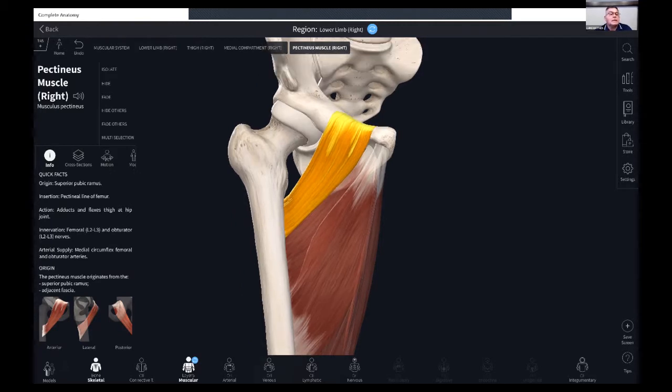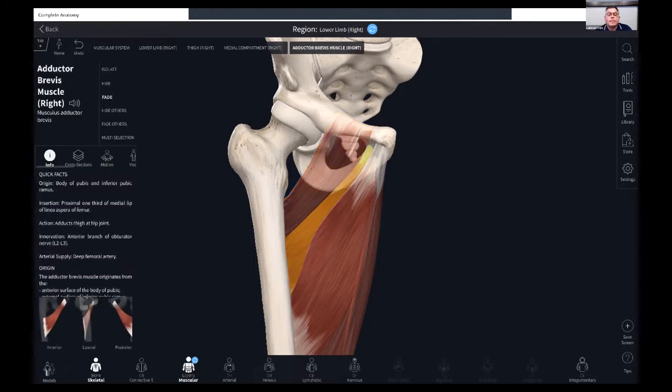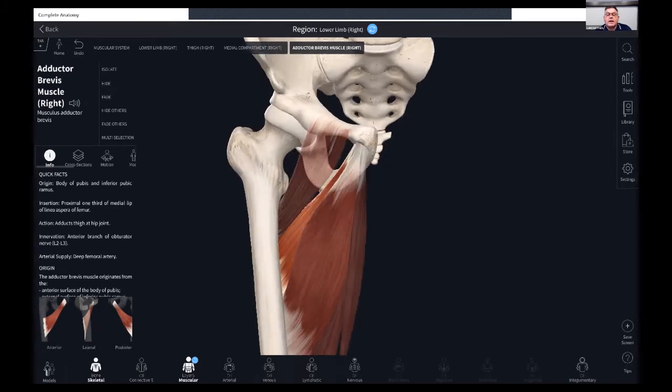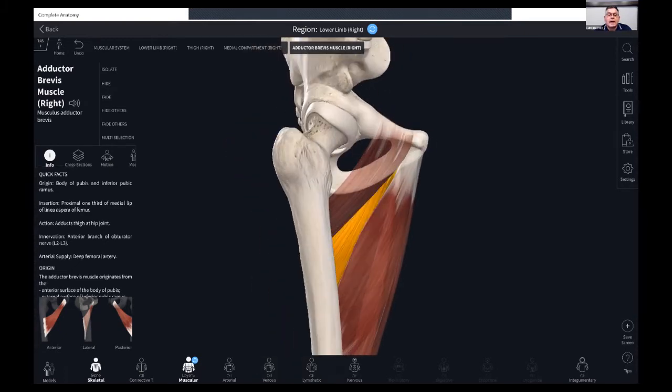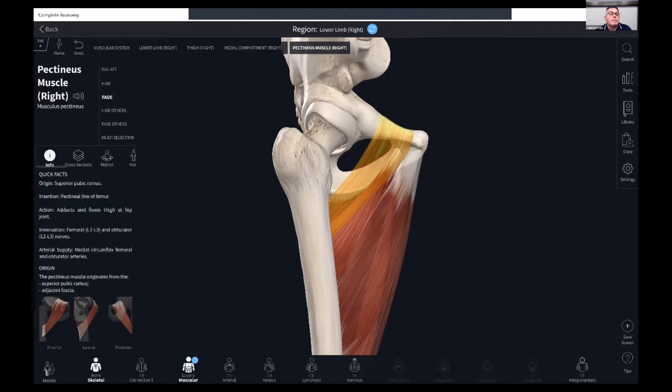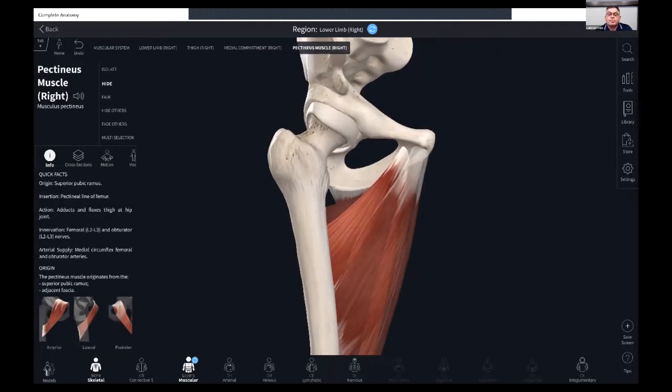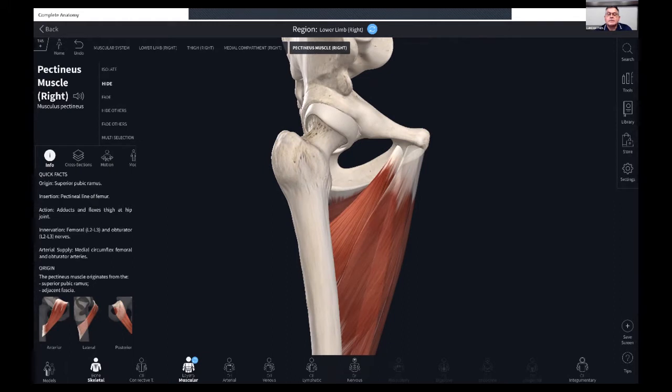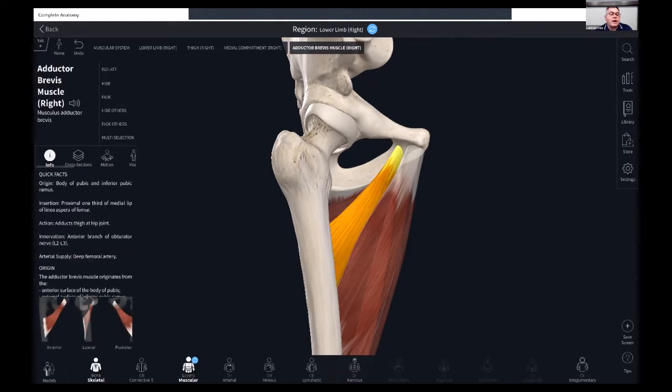So let me go ahead and just fade that. We'll come a little bit deep to the adductor brevis. Actually, I'm going to hide pectineus. So the adductor brevis, its origin is the body of the pubis and the inferior pubic ramus.